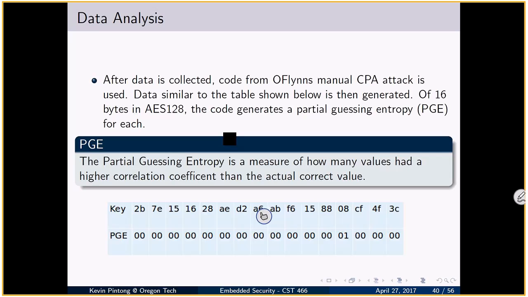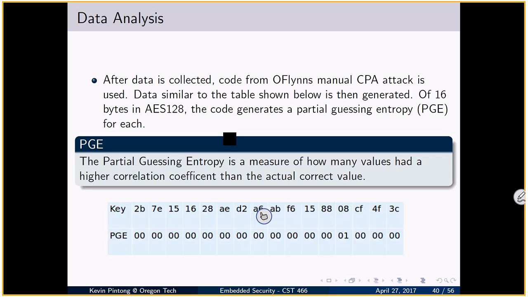So the correct key is everything on the top line, and the number underneath is how many times something else got in front of it. Well, it wasn't accidentally guessed, but in the ranking of the guesses, 08 is an incorrect guess, I believe. So there's an actual correct value, but it was off by one, is what it's saying.